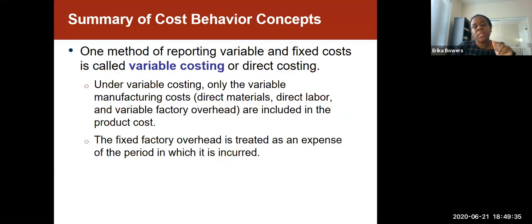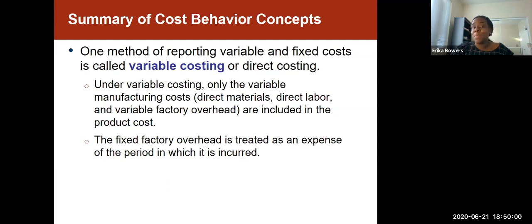So we're going to look at a method of reporting variable and fixed costs, which is called variable costing. Variable costing is going to be a little different than what we're used to. We learned what's called absorption costing in Accounting 1A.